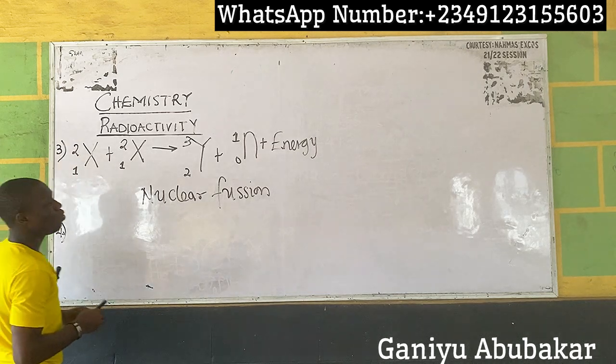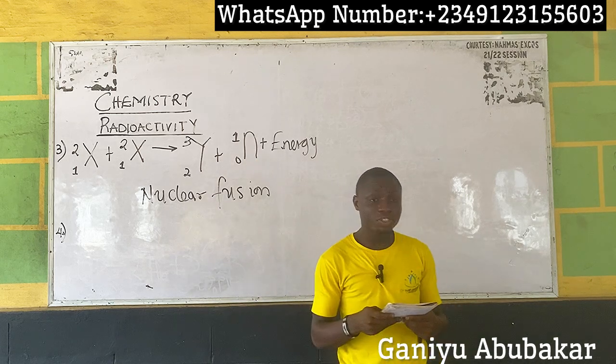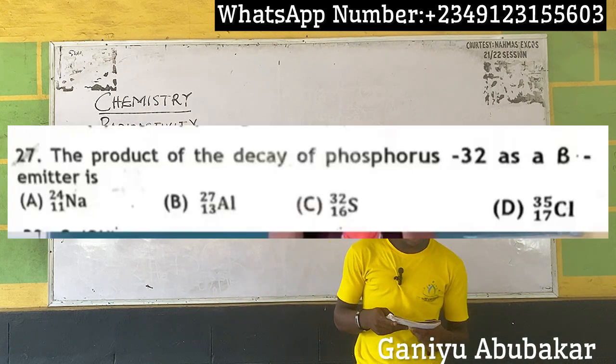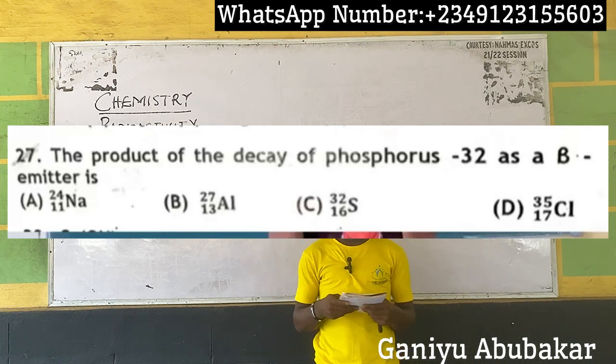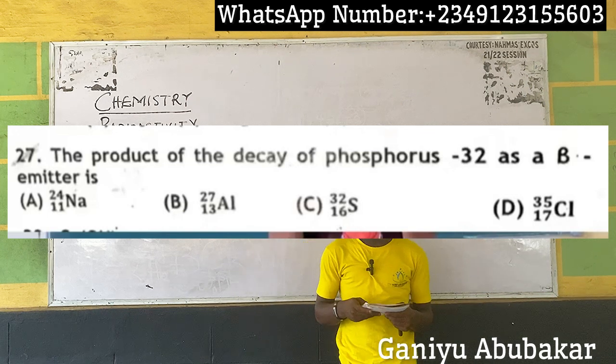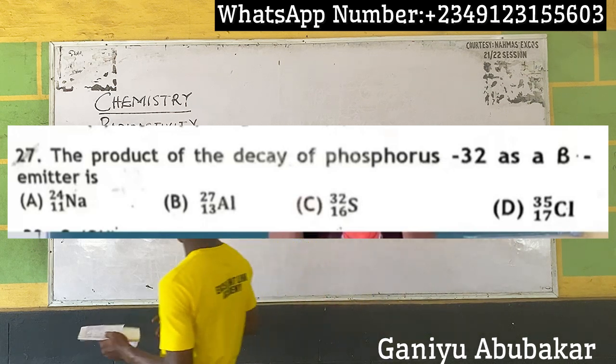Let's do number 4. Number 4 says the product of the decay of phosphorus 32 as a beta emitter is.